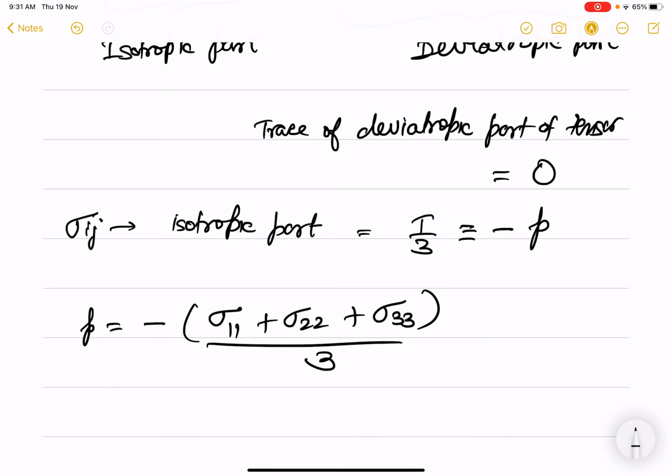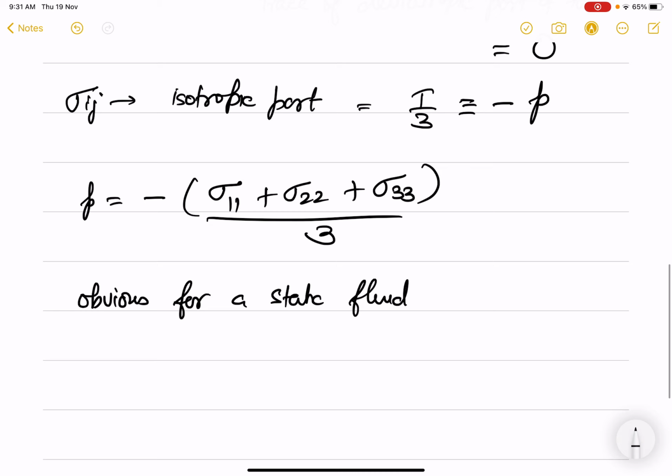So this was obvious: for a static fluid, where there is no deformation, sigma ij was equal to minus P times delta ij.